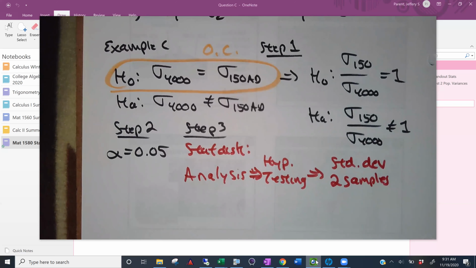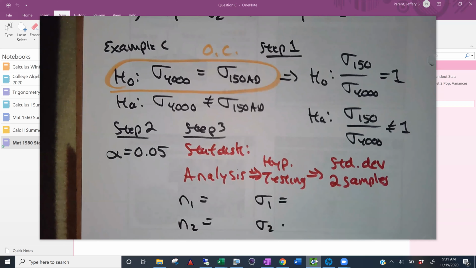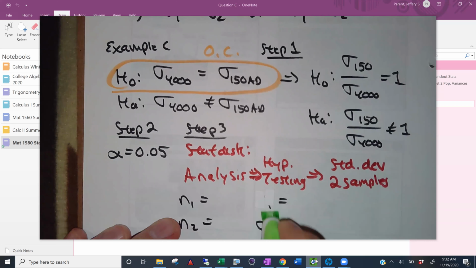Now, before I turn to StatDisk, I might want to take note of the data that I need here, which is really just going to be two things. I'm going to need to know what N1 and N2 are, and then sigma 1 and sigma 2. I shouldn't put, no, it's not sigma 1 and sigma 2. Ah, shame on me. Does anyone know what this should be? Should it be S1 and S2? Yes, thank you, Dakota.